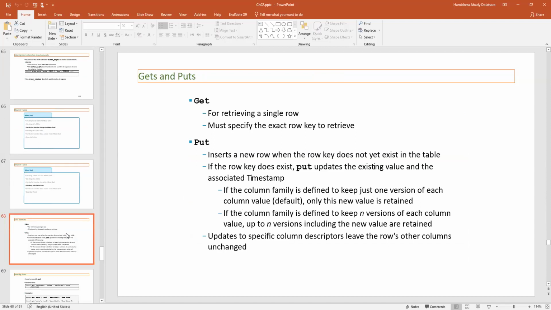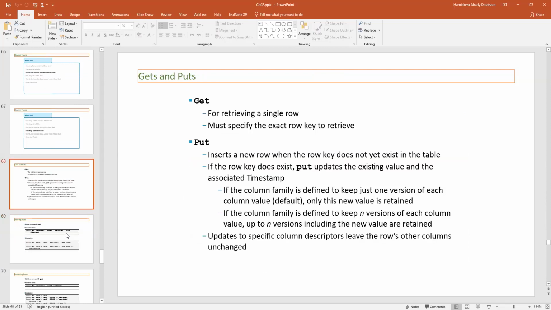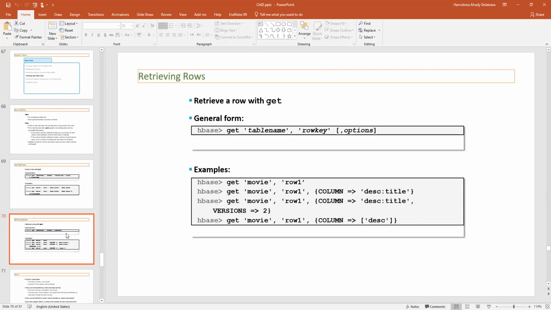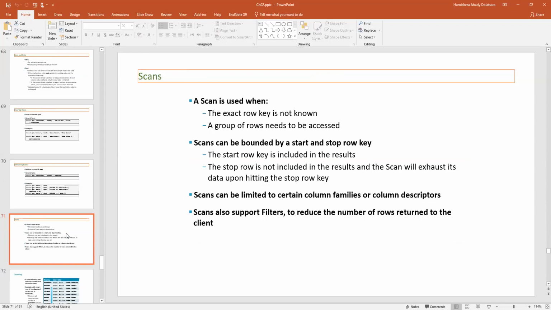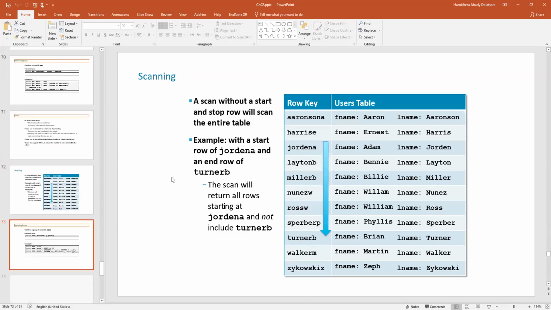Here I put some general descriptions of the get and put commands. With get, you get a single row. With put, you put your data in your HBase database. As you see, there are some examples here. In a scan, you need to identify the first and last row keys, and it brings all the data to you.